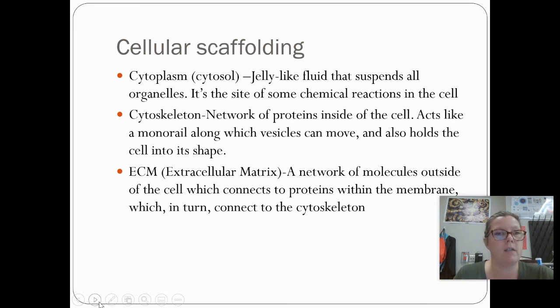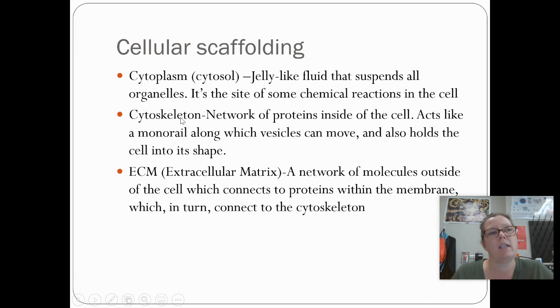What scientists have found also is that sometimes proteins will attach to that cytoskeleton and carry vesicles with them, moving along the cytoskeleton to transport vesicles to various parts of the cell. They can act like the little Disney monorail, where the vesicle attaches to the protein and gets slid along until it reaches its final destination.